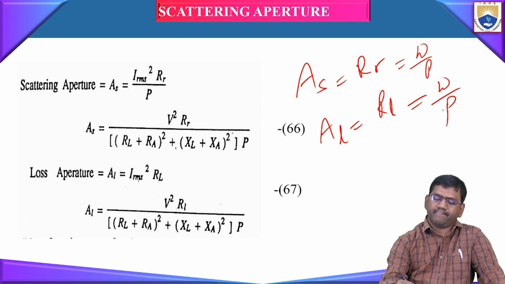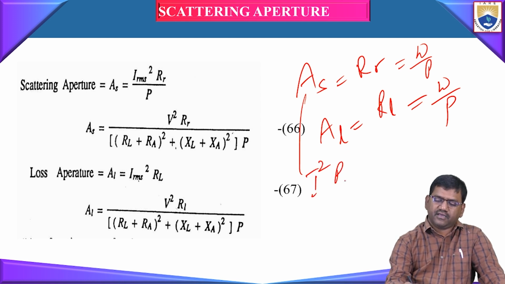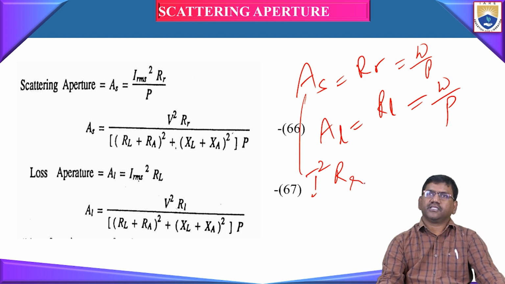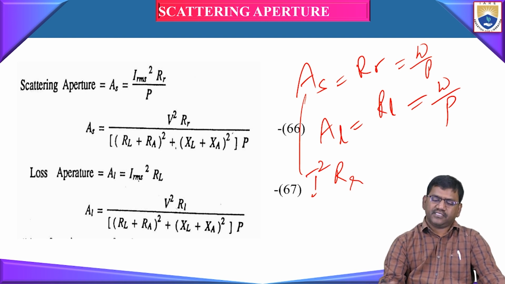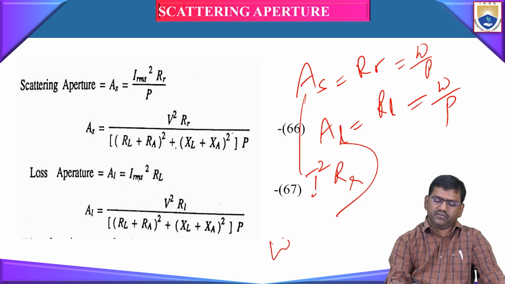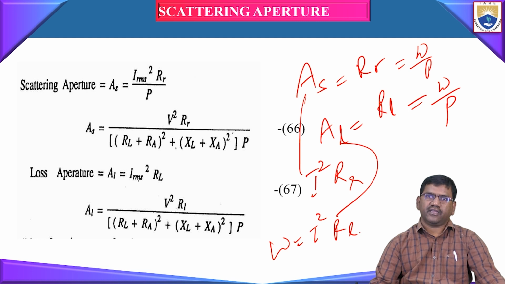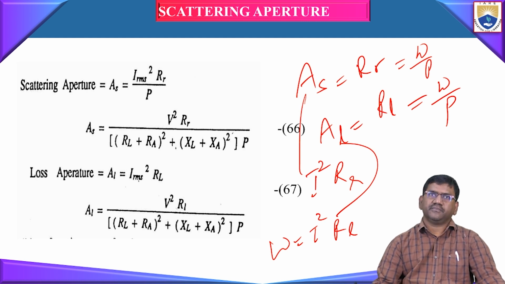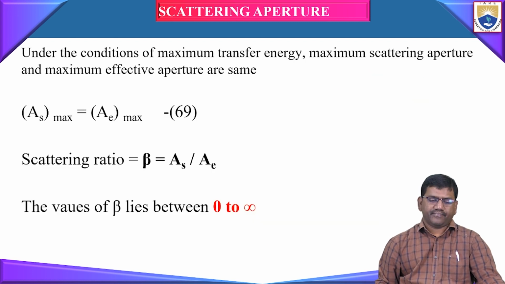W by P: here W means I squared R, because it depends upon the radiation resistance of the antenna. Similarly, for the loss aperture, W is equal to I squared RL. Accordingly, the equations can be derived for the scattering aperture and the loss aperture.